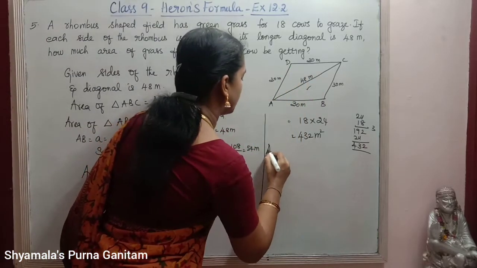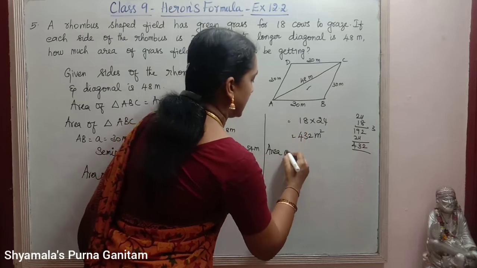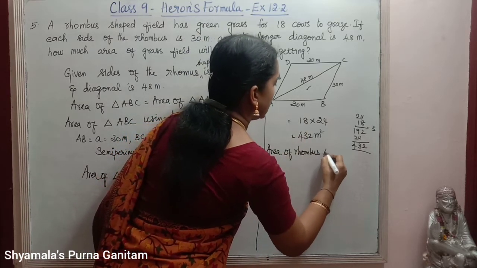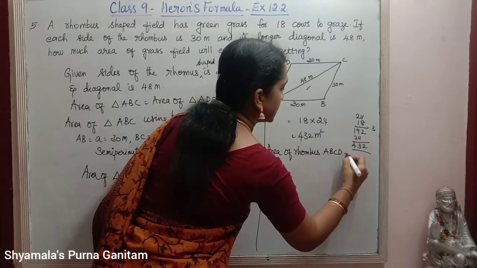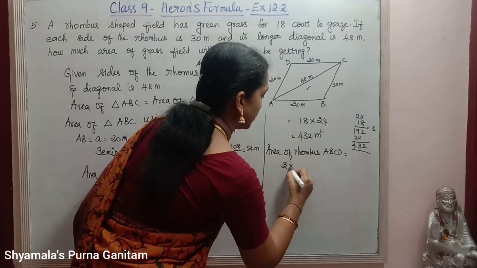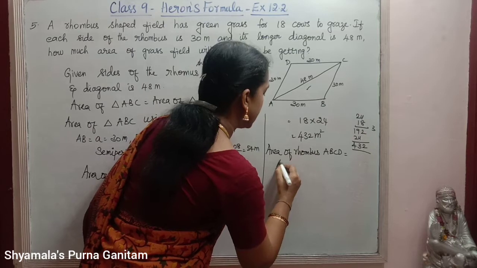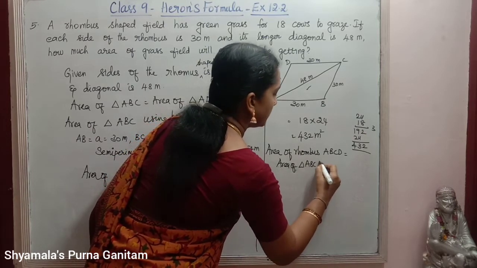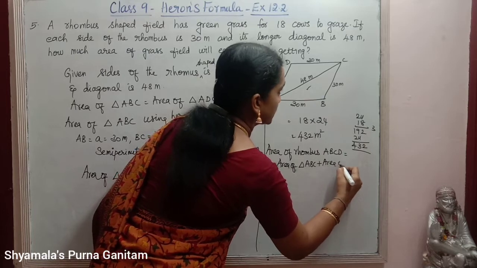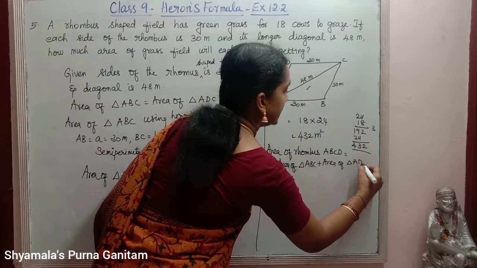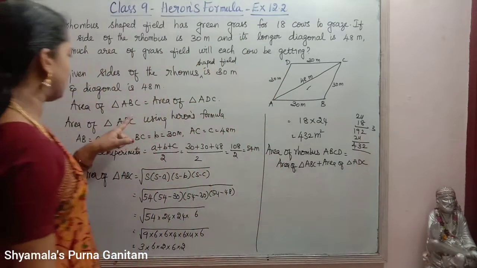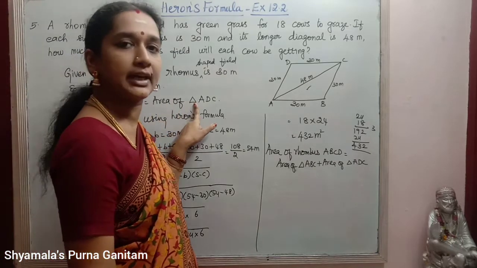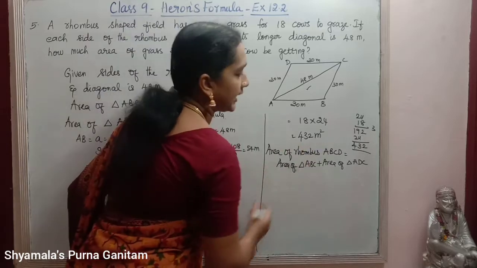Area of rhombus ABCD is equal to area of triangle ABC plus area of triangle ADC. We already told that area of triangle ABC is equal to area of triangle ADC, so both the areas are equal.